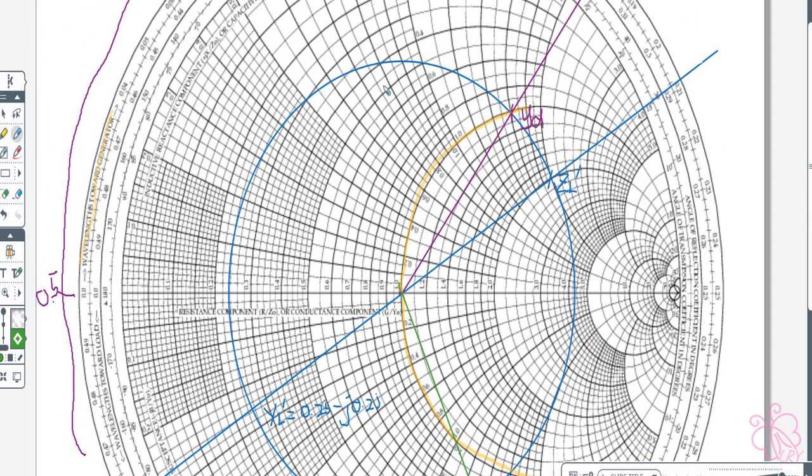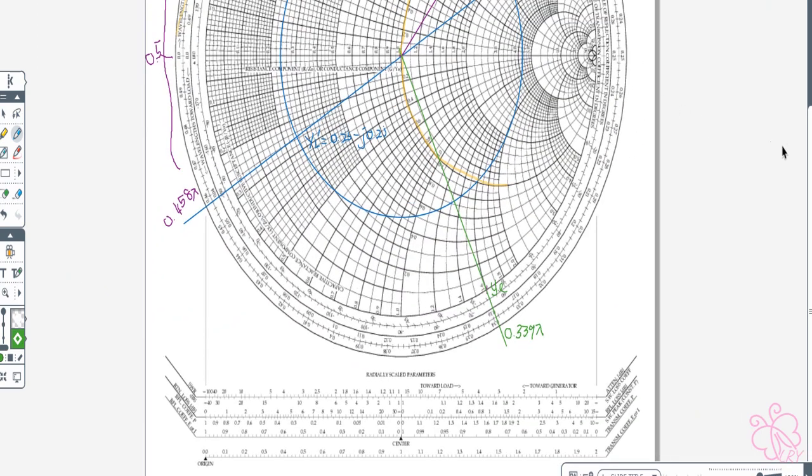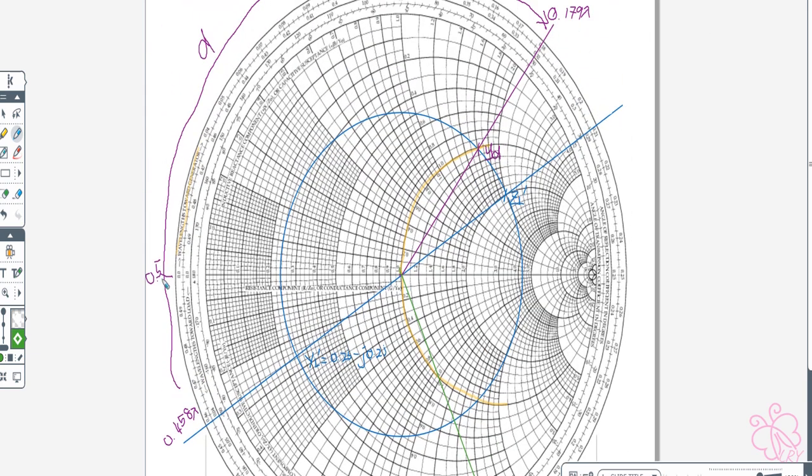So we will start from 0 up until 1. Okay, from 0, let me draw it to you. From 0, towards generator, we will move this side. From here, move along until we reach our YL.